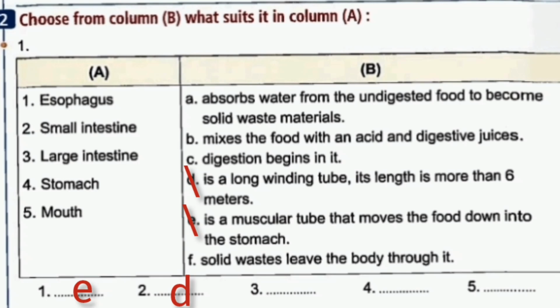So we will choose A with number 3. Number 4, stomach. Stomach mixes the food with an acid and digestive juices. So we will choose B with number 4. The last one, number 5, mouth. Digestion begins in it. So we will choose letter C with number 5.